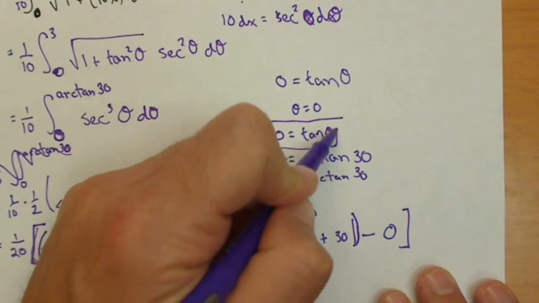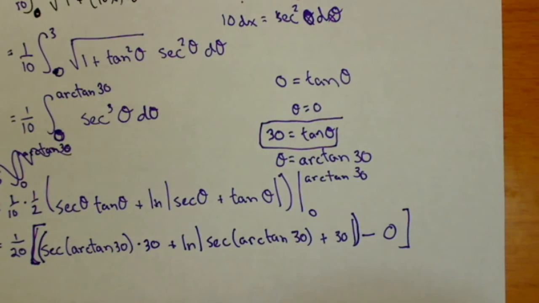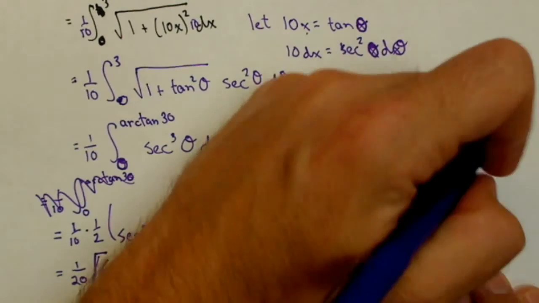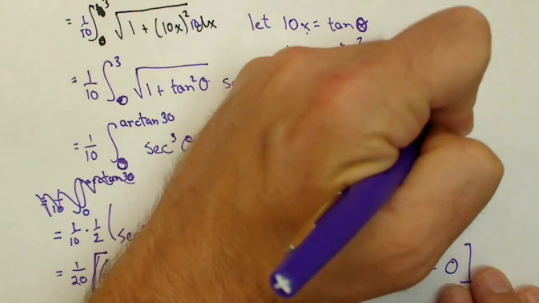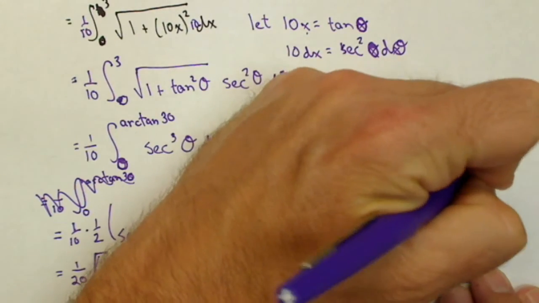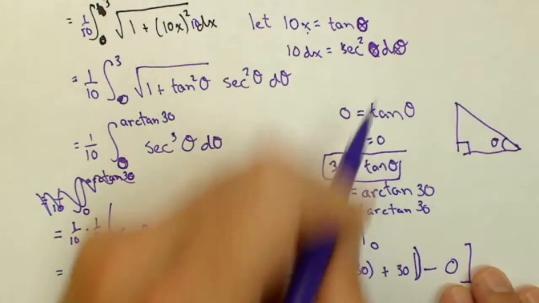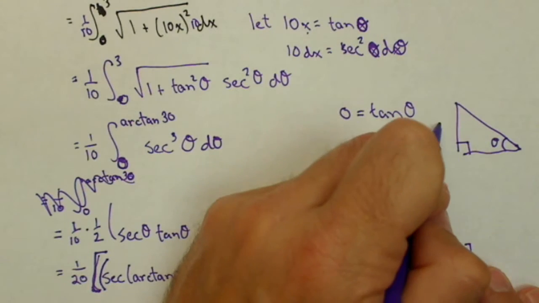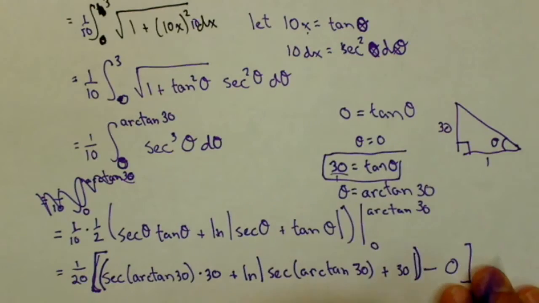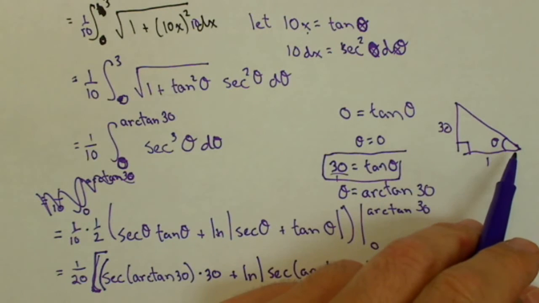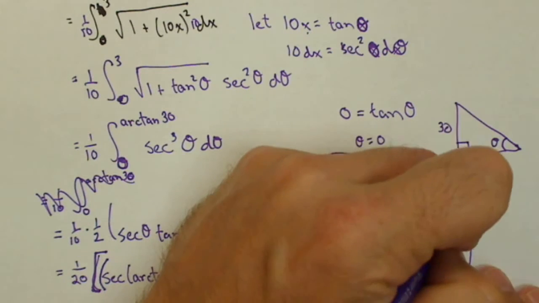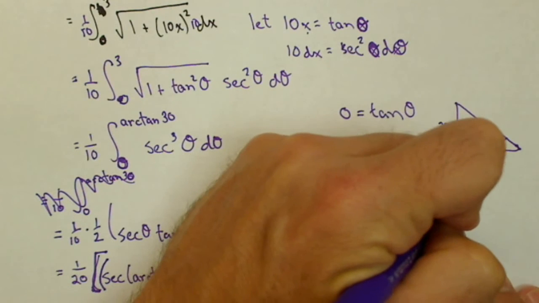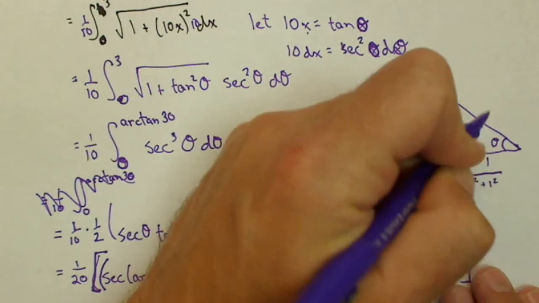It came from the fact that tangent of theta equals 30. So over here off to the side, what I like to do is I like to set up a right triangle, call one of my angles theta. We can think of that as 30 over 1, so tangent is opposite over adjacent. And now we can find the hypotenuse, which is going to be the square root of 30 squared plus 1 squared.